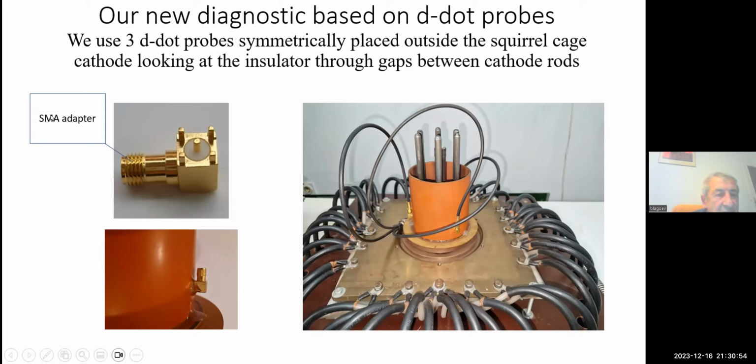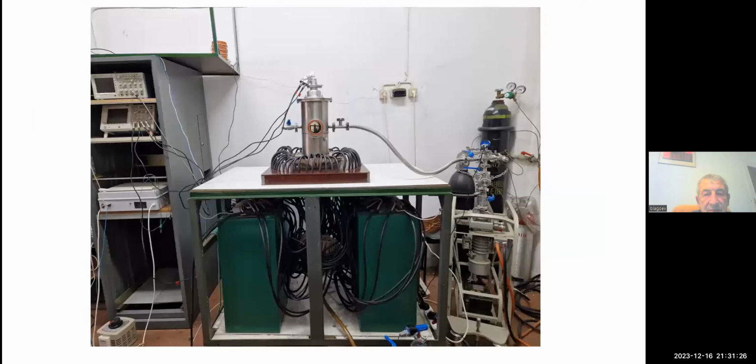This is a commercial SMA adapter. We cut these 4 horns and cut half of the central pin, fasten this detail with epoxy, and cover it with a thin layer of silicone. So this is the head of these sensors.